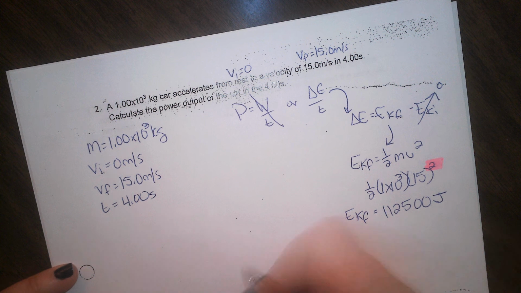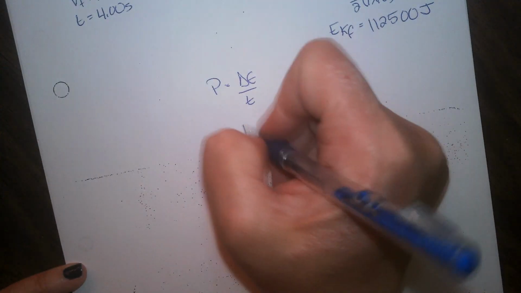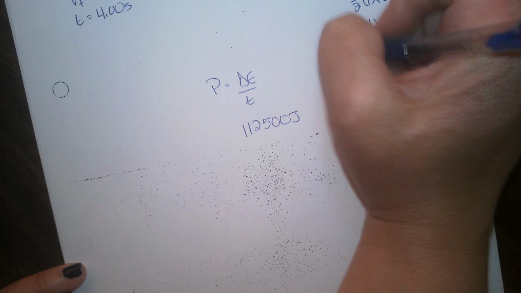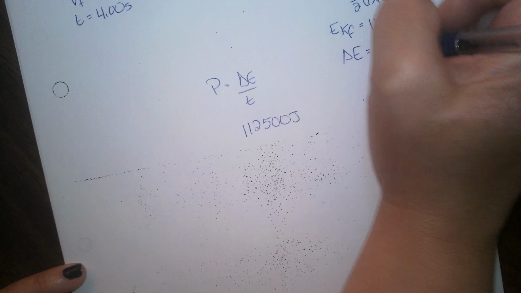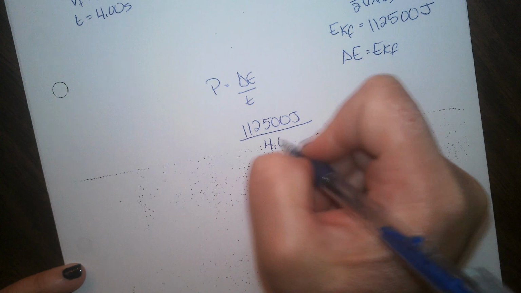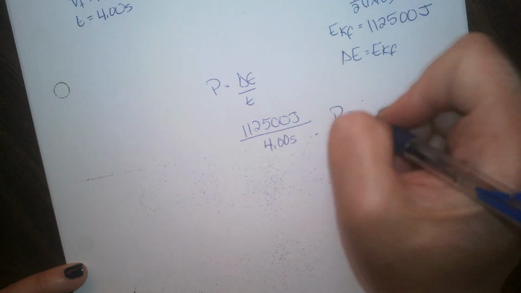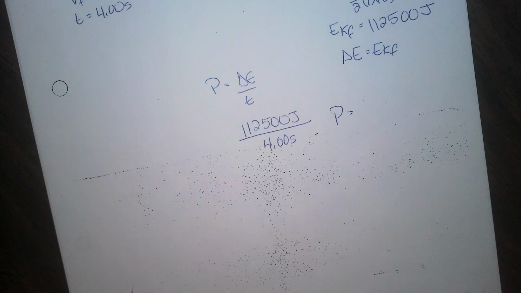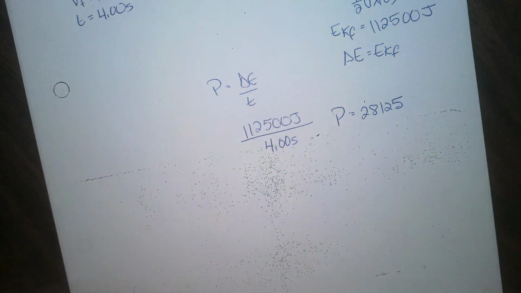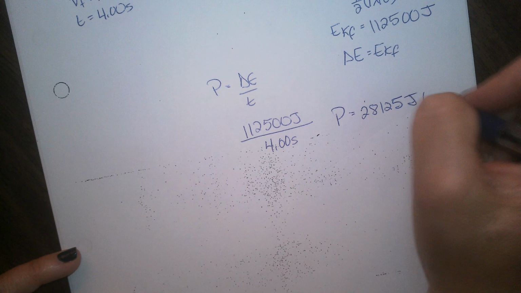So then we can say that power is equal to change in energy over time. And so we got 112,500 joules. I'm just going to write a little side note here. Divided by 4.00 seconds. Power then becomes equal to okay, joules per second.